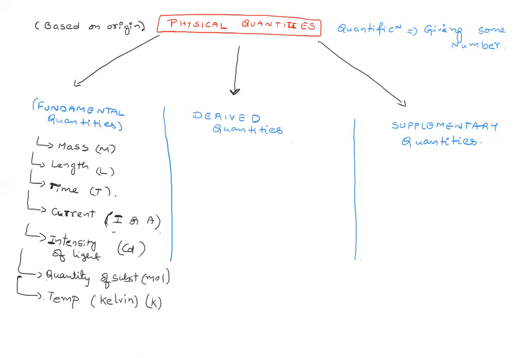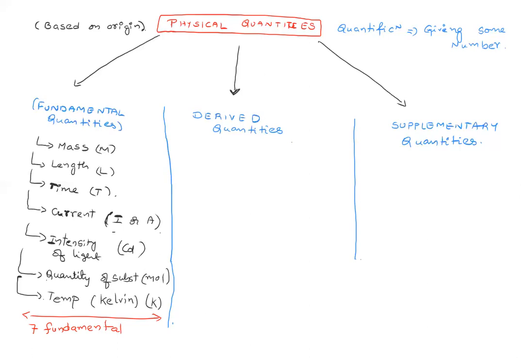Now all these quantities here: mass, length, time, electric current, intensity of light, quantity of substance, temperature. Totally, there are 7 fundamental quantities. These fundamental quantities are the pillar stones for physics.